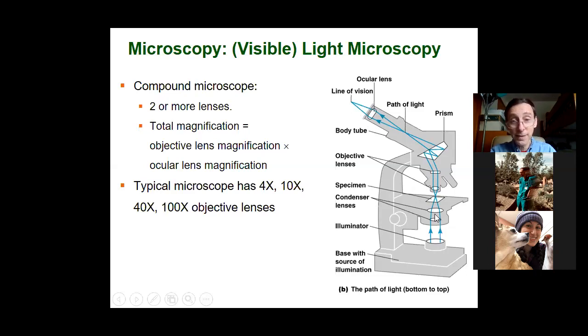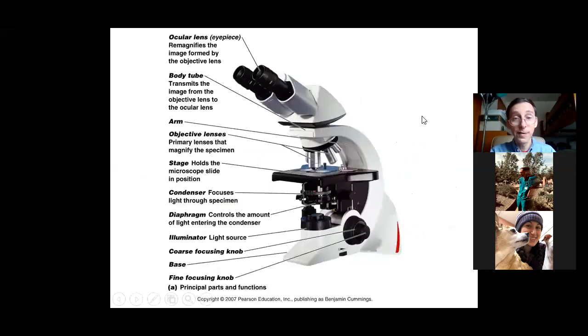The condenser lens does not magnify. All it does is focus the light on the specimen. And usually with the condenser, it's not shown here, it's probably in the next slide, is the iris diaphragm. And that is a part of the microscope that you should learn about. And the illuminator, that's the light source. You can just call it the lamp. And you don't really need to know about the base.